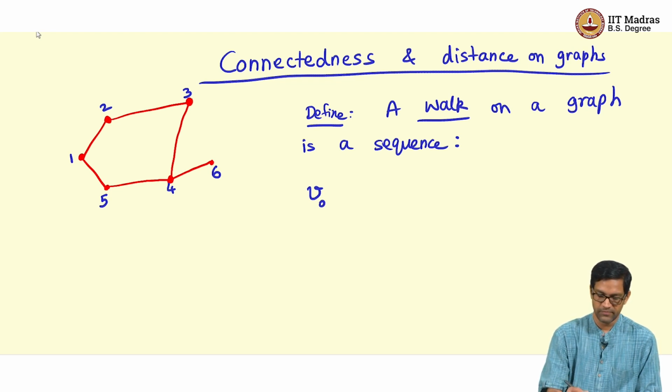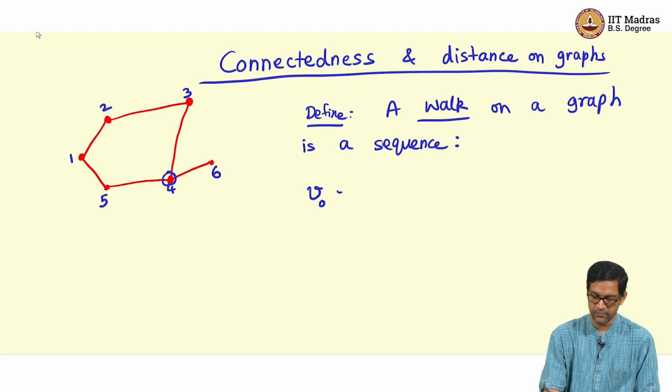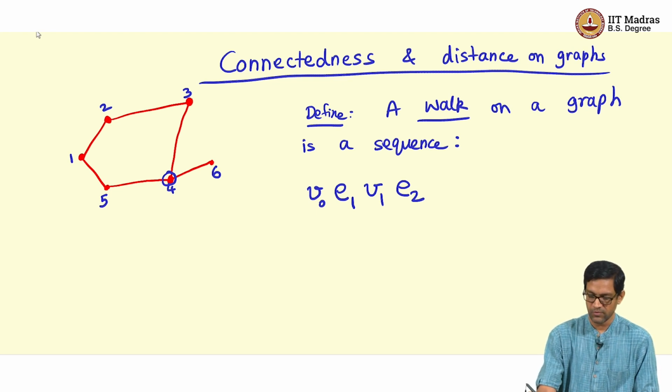For example, if I start at vertex 4, there are 3 possible edges which go out of it, 3 paths. So, I follow one of them. Let me call it E1. So, I follow an edge which leads out of V0 and ends at some other vertex V1. Then once I reach V1, I follow some edge which leads me out of that next vertex, takes me to something else and so on, dot dot dot.